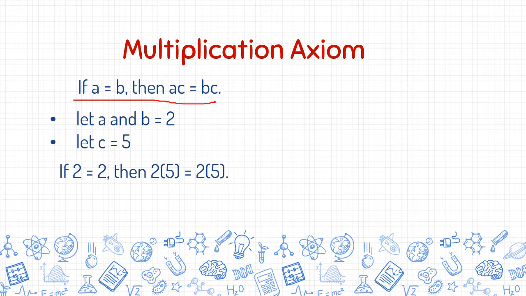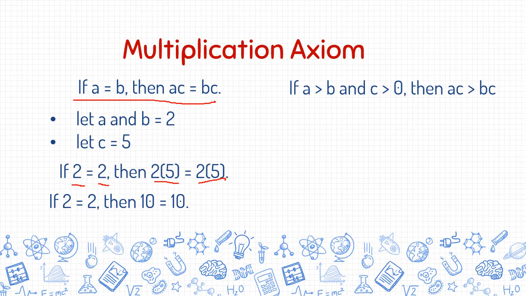So A is equal to 2, B is equal to 2, then AC, so 2 times 5, and BC is also 2 times 5. So if 2 is equal to 2, then 2 times 5 is 10, is equal to 10 also. Therefore, the multiplication axiom is correct.